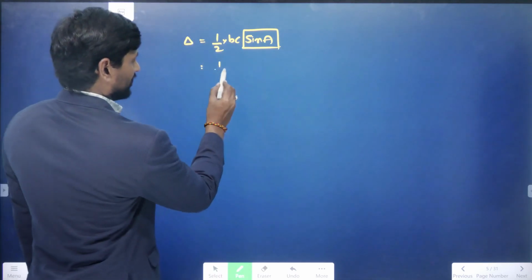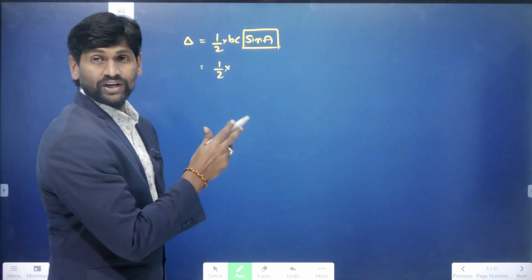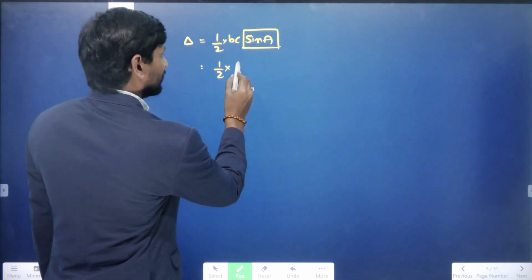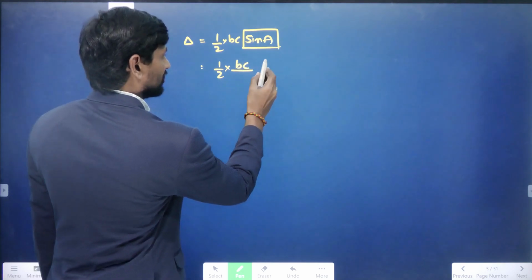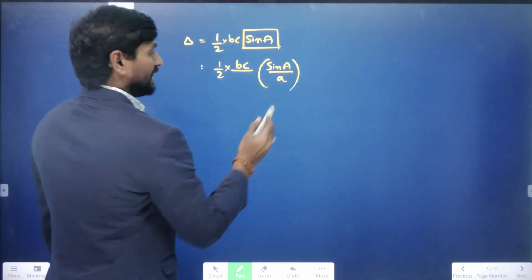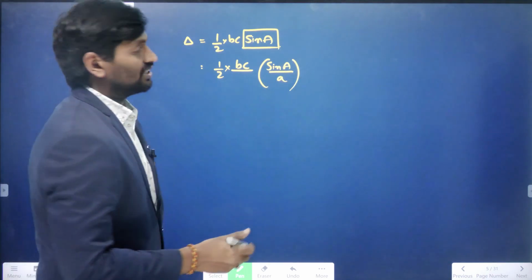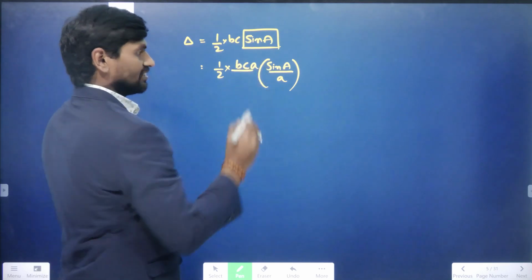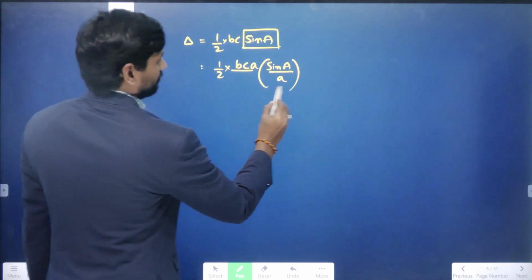Okay, let us try to derive. I am just multiplying the numerator and denominator by A because in every option I am having the term ABC. Okay? And what is the formula here?